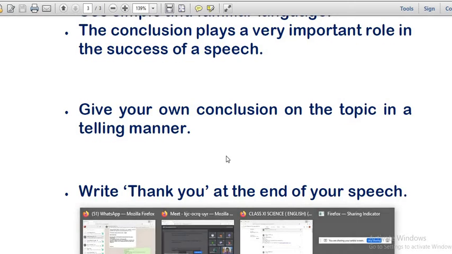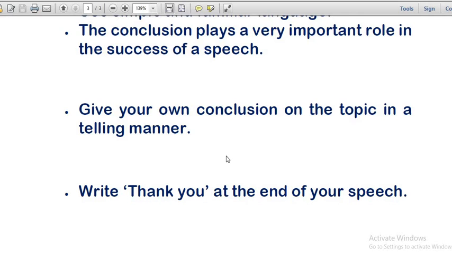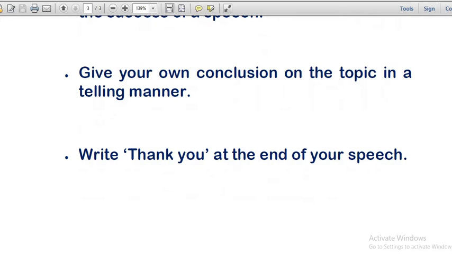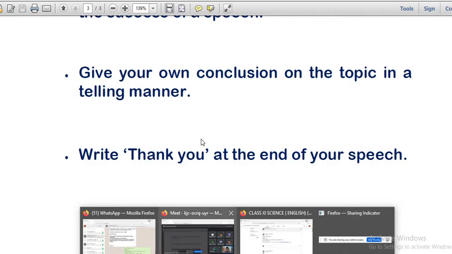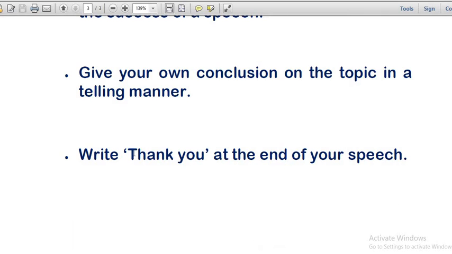This is very important. You have to give your own personal conclusion. Then another important point: write thank you at the end of your speech. I already told you, even the examples that I will be showing you right now. Thank you should be mentioned at the end of the speech.